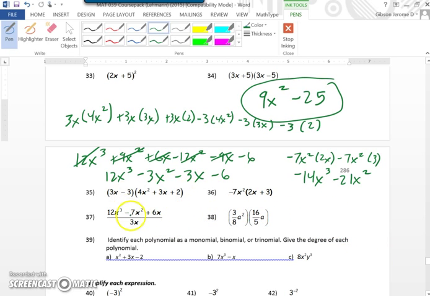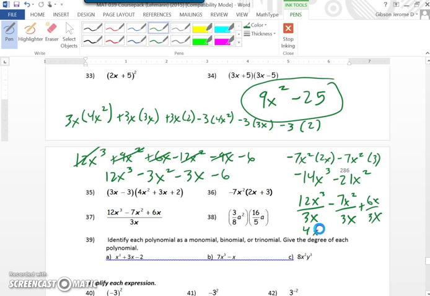Now, the next thing we will look at is problem 37. If you notice here, we have a trinomial divided by a monomial. Whenever we have a trinomial divided by a monomial, we know we will separate each of these terms. Now, I'm going to write that over here. This will give us 12x cubed all over 3x minus 7x squared all over 3x, and then plus 6x over 3x. 12 divided by 3 is 4.